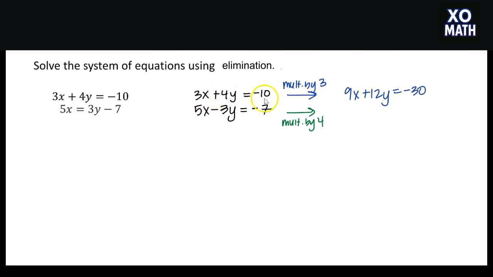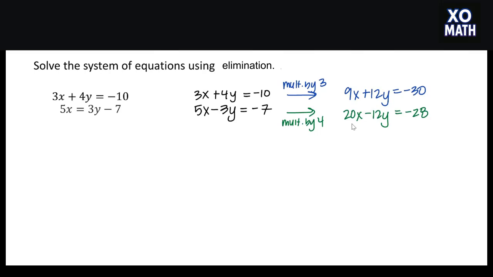We multiply each term by 3. And then our second equation is going to become 20x minus 12y is equal to negative 28. All right, so now there are opposite coefficients in front of the y variable. So when we add the two equations together, the y variable is eliminated.